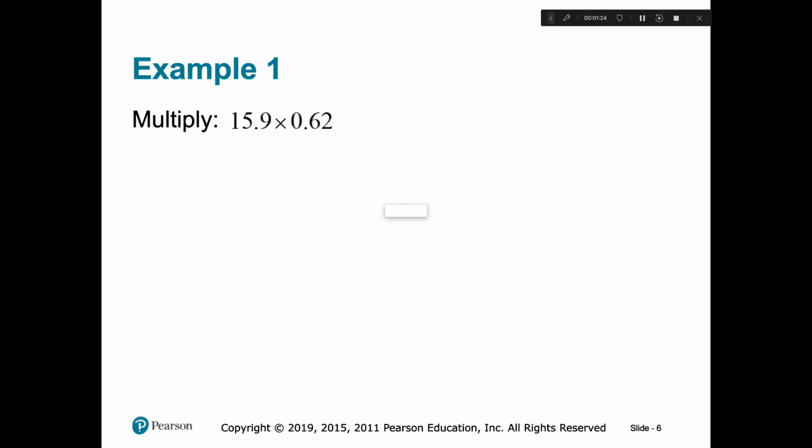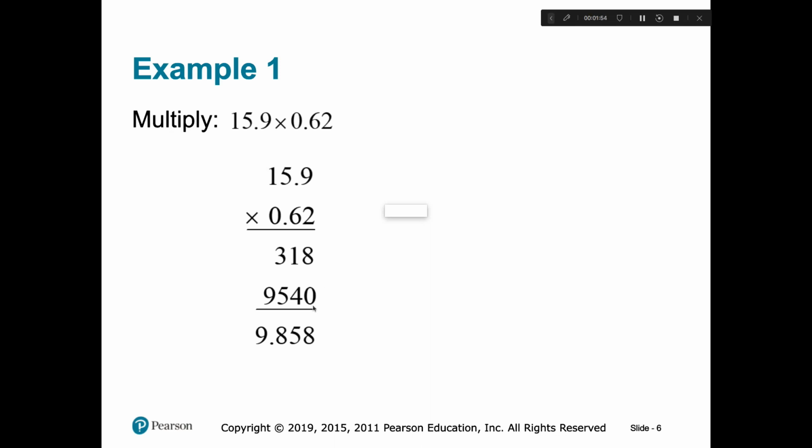So here's our first problem on the back. 15.9 times 0.62. We don't need to worry about adding a 0 after the 62 because we don't have to line up our places when we multiply. So we would just set it up like a normal multiplication problem, work it out.